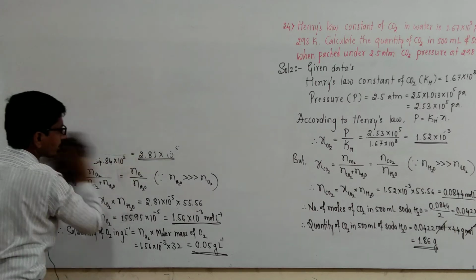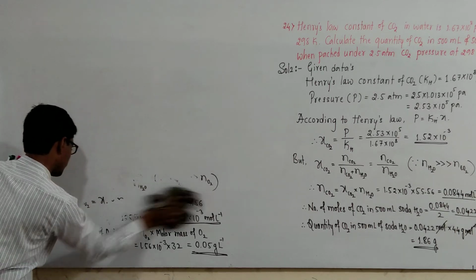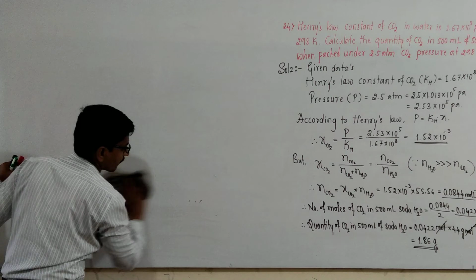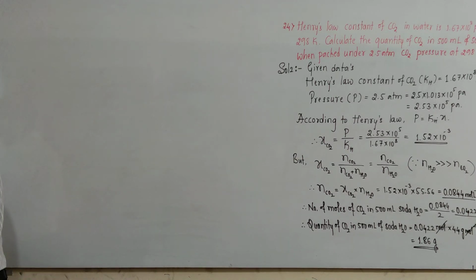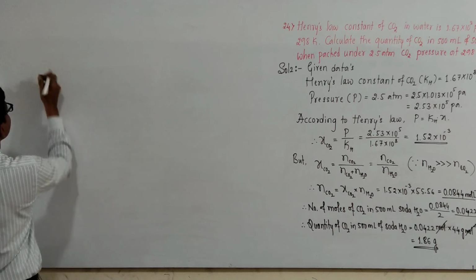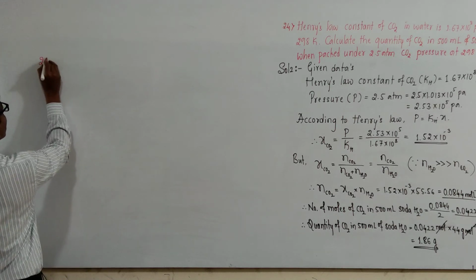Last problem on Henry's law constant is for your homework. Last problem is 25.